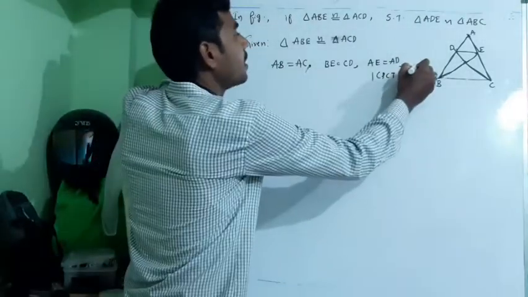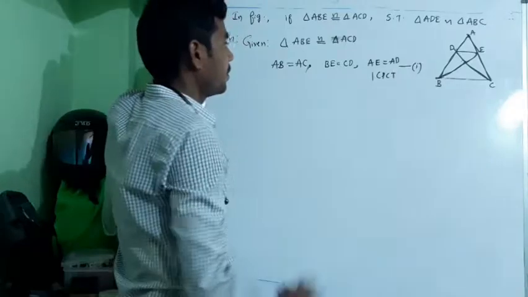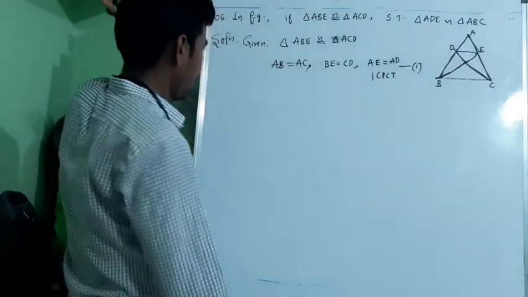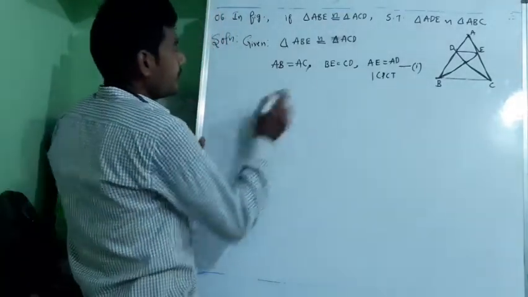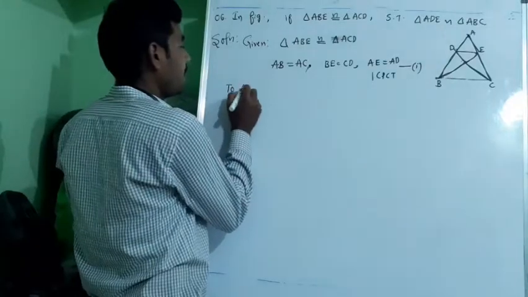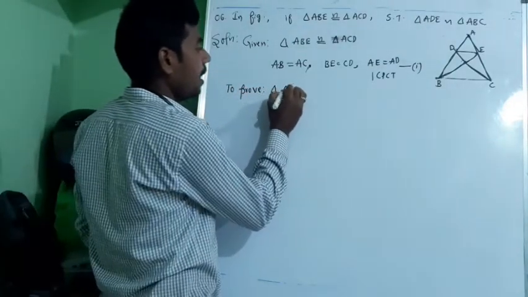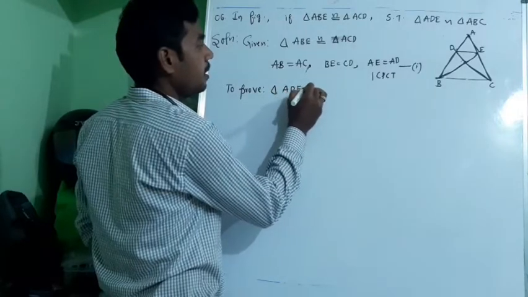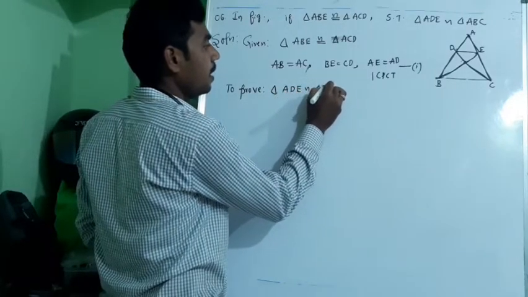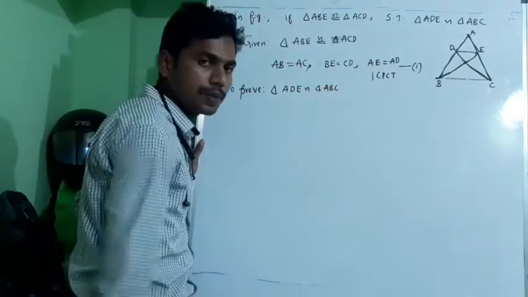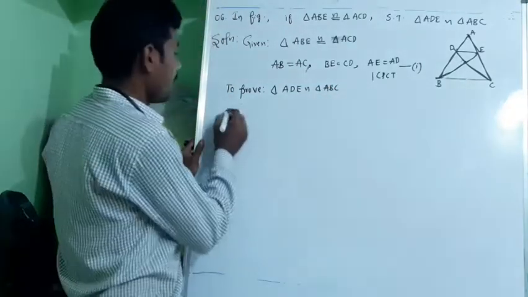I'll call this equation 1. Now what is required to prove? We'll write down: triangle ADE is similar to triangle ABC. I need to prove this, so I'll go to the proof part.